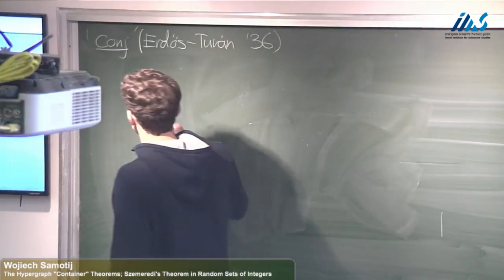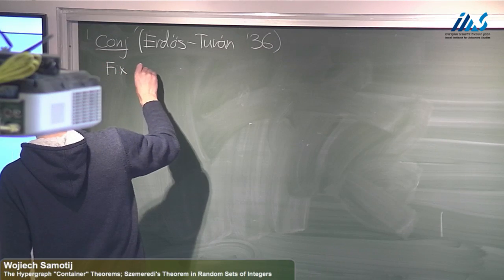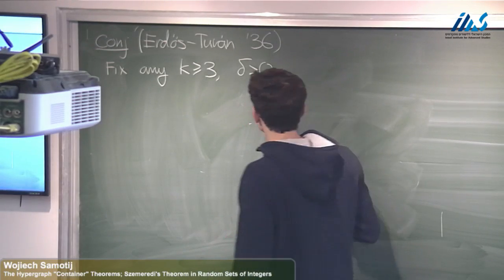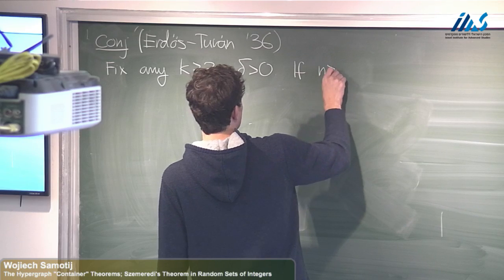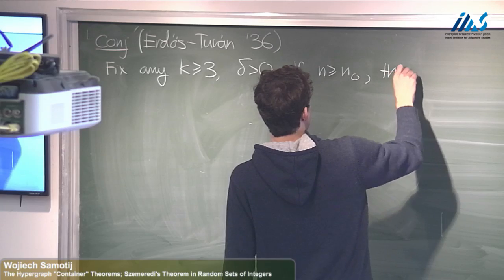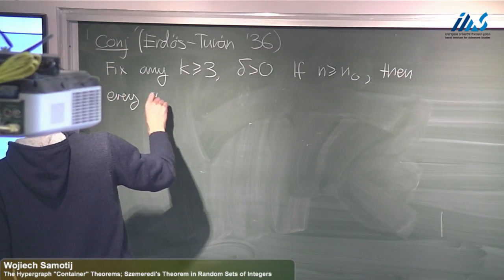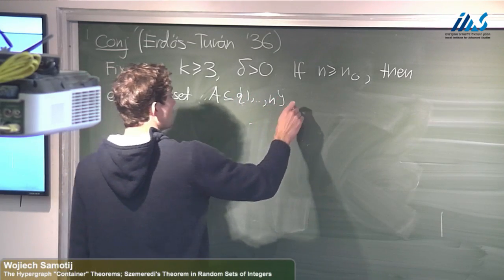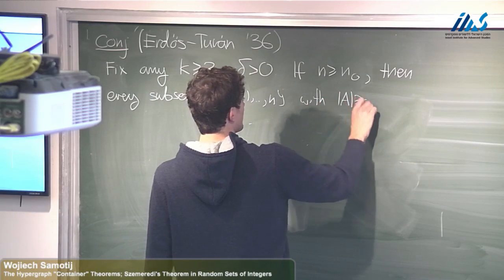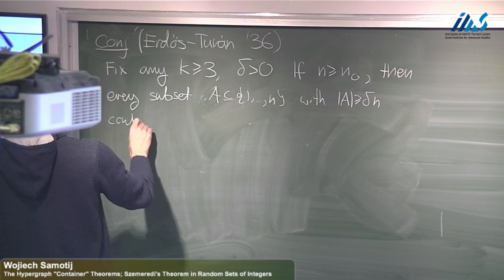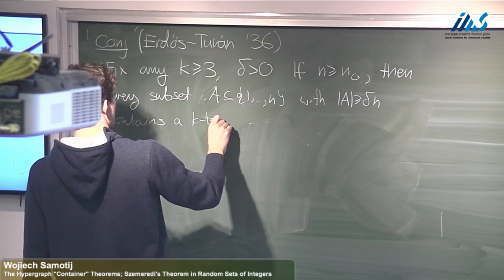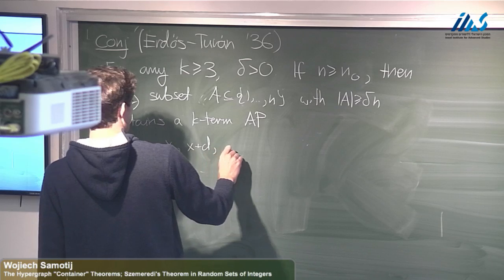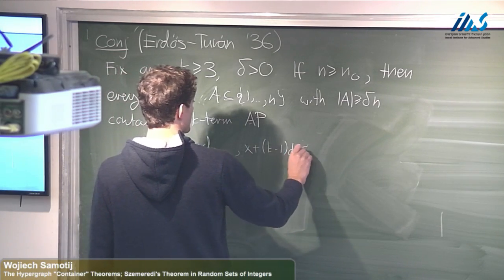What they conjectured is that if I take any integer k at least 3 and a positive constant delta, then if n is sufficiently large, n at least some n_0, then every subset A of the integers 1 through n which contains at least delta n integers contains a k-term arithmetic progression, meaning there are numbers x, x plus d, up to x plus (k minus 1)d, which all lie in A.